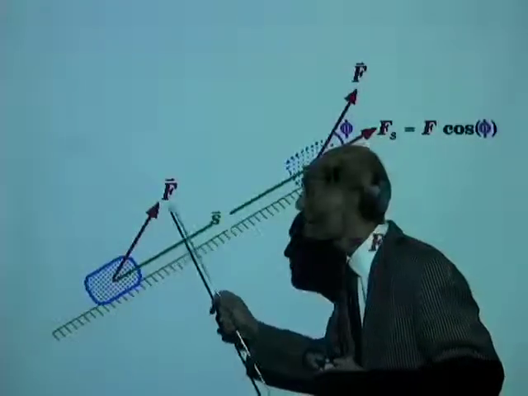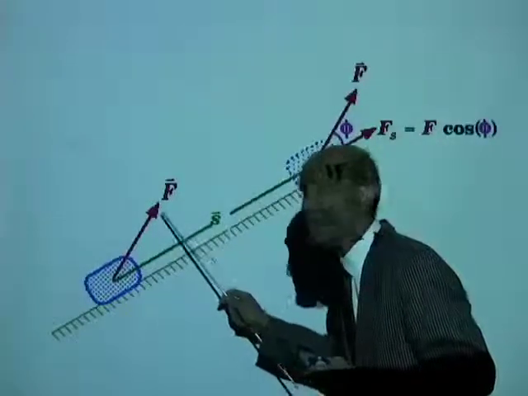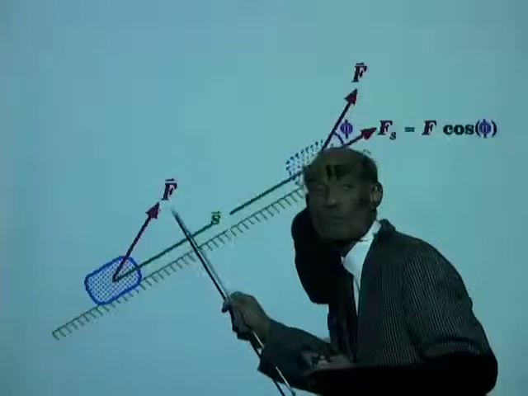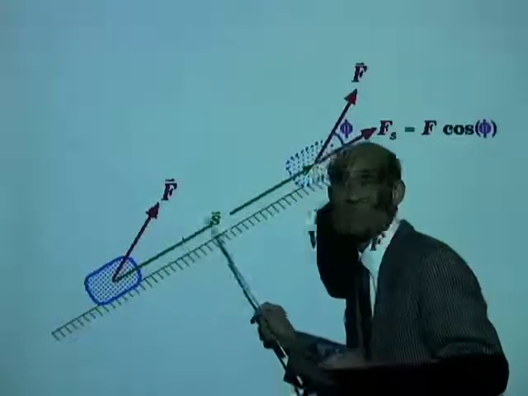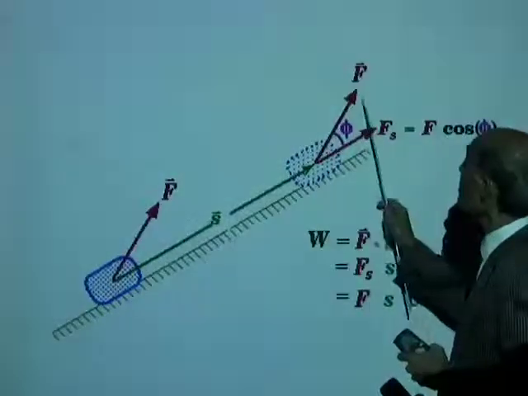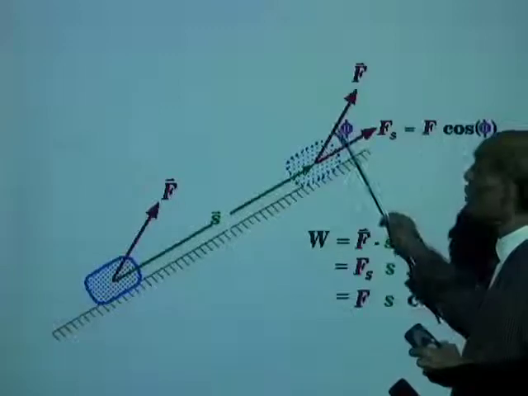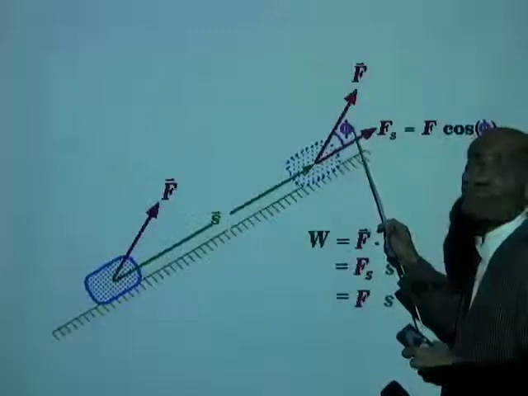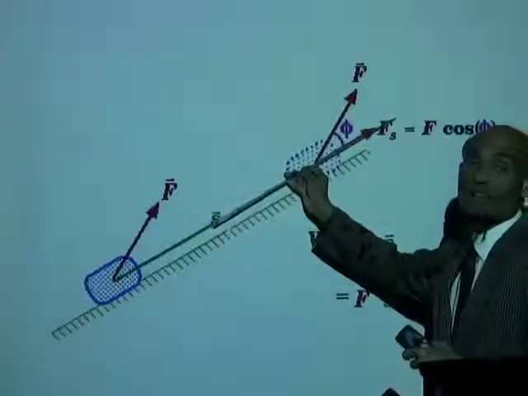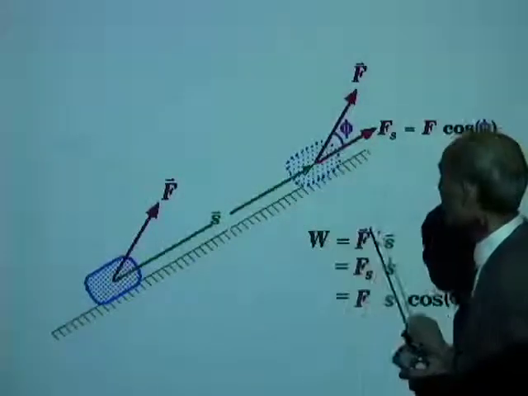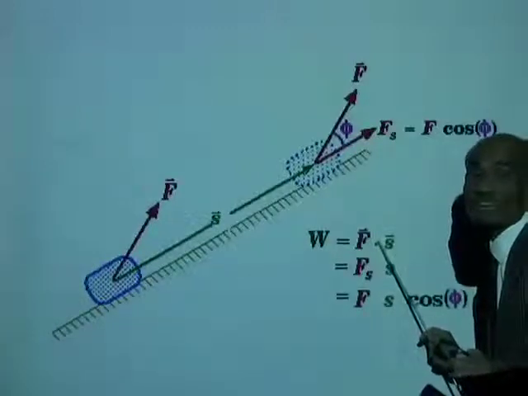Work done is the product of the displacement vector and the component of the force in the direction of that displacement. The component of the force in the direction of displacement is F cos phi, where phi is the angle the force makes with the direction of displacement. And therefore, work done is F dot S.